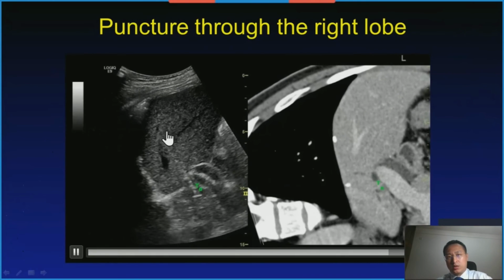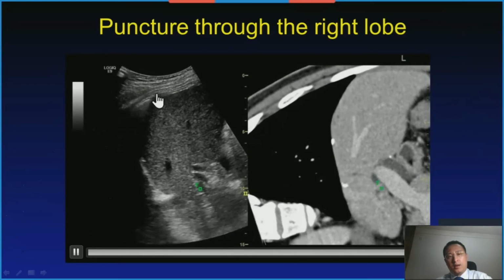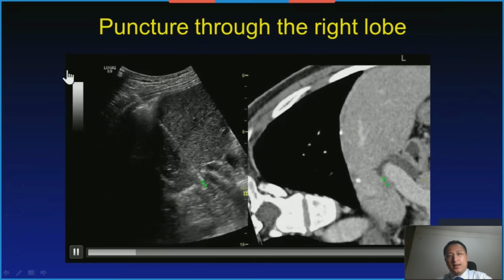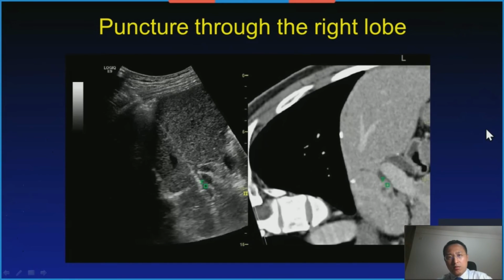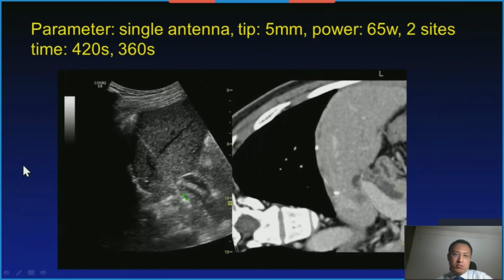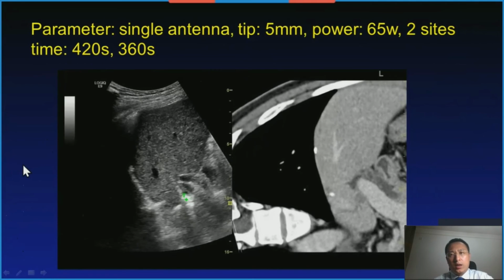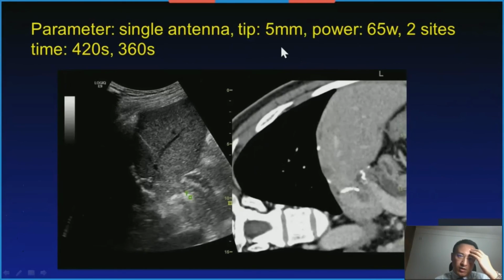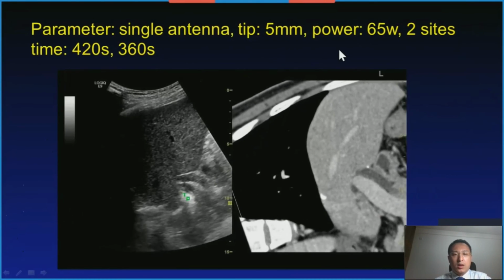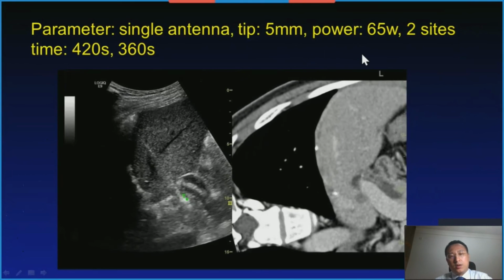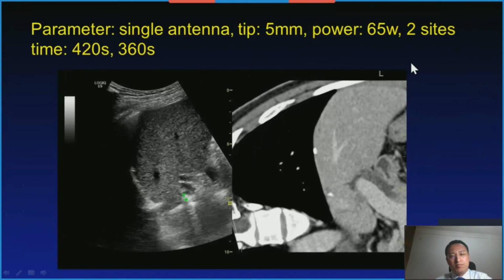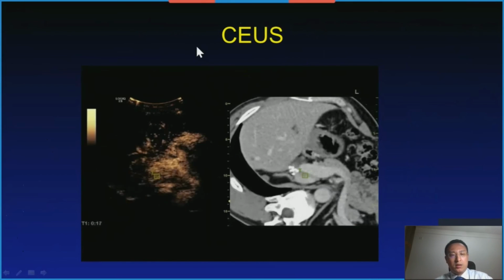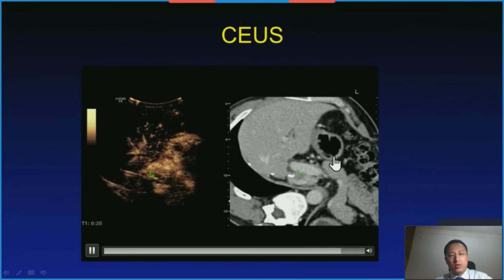So for this patient, we used a single antenna, and we punctured only from the right side. Parameter: first we ablate 2 sides. We use a single antenna, the 5 millimeter tips, and the power is 65 watt.